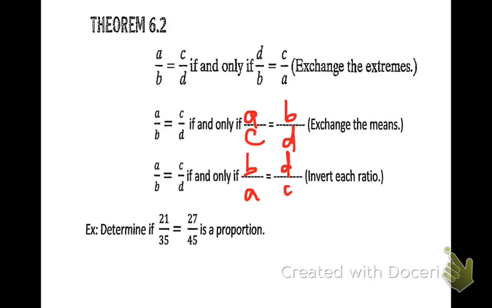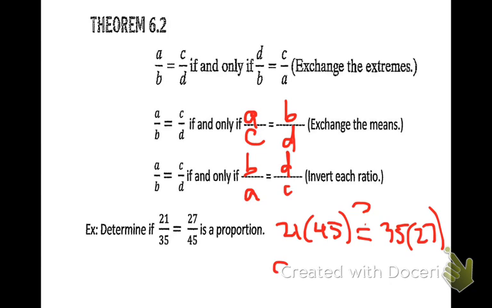Yeah, so it would be 21 over 45 equals question mark 35 over 27. So that would be 945 equals 945. Check. And that's yes. So it is a proportion.